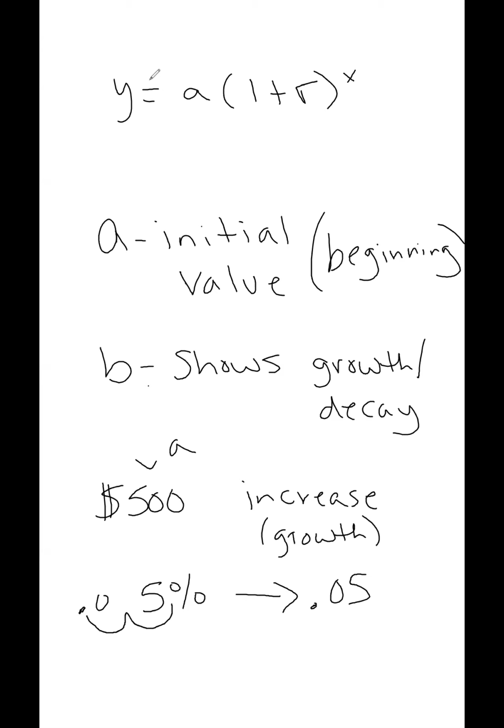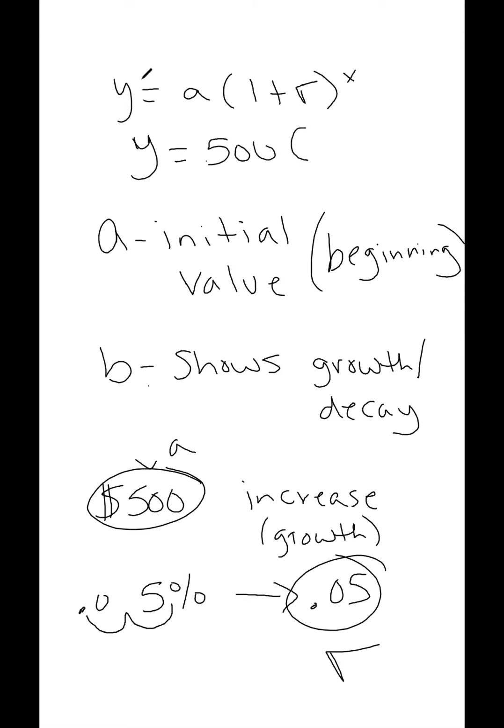I know that my beginning value of that painting was 500. It gave us a percent. We turned it into a decimal. That's my rate. So I'm going to plug it in up here. y equals 500. It increased in value, so it's 1 plus, not 1 minus, 0.05 to the x power.